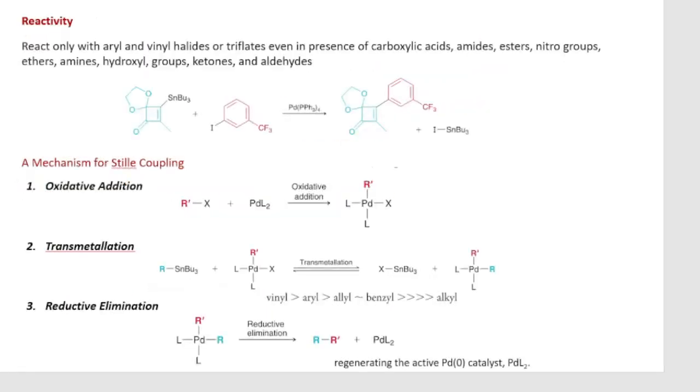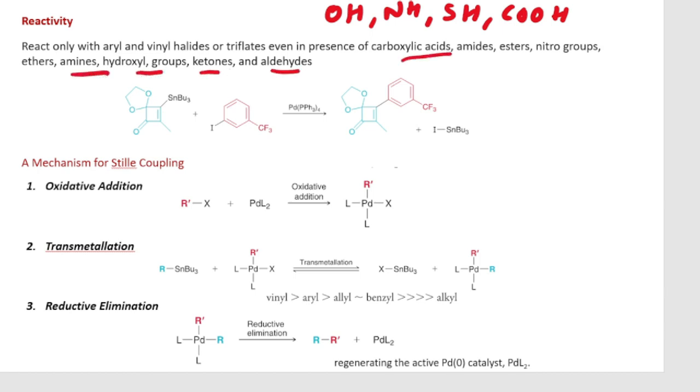Now we will talk about reactivity. In Grignard reagents, you have seen that if there is an OH group, NH group, SH group, or acid group, your Grignard reaction doesn't happen. But in the organostannane or Stille reaction, whenever there is an amine, hydroxy group, ketone, aldehyde group, carboxylic acid, amide, ester, nitro, they do not affect the reaction because the Stille reaction is very selective.